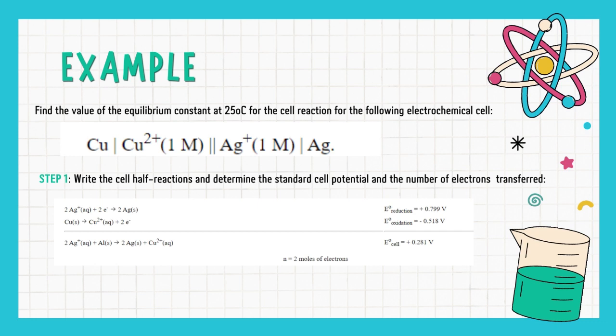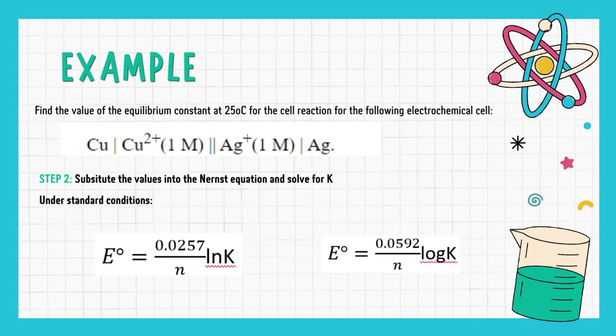Find the value of the equilibrium constant at 25 degrees Celsius for the cell reaction for the following electrochemical cell. For the first step, write the cell half reactions and determine the standard cell potential and the number of electrons transferred. In this particular example, your standard cell potential is going to be 0.281 volts and the number of electrons will be 2.